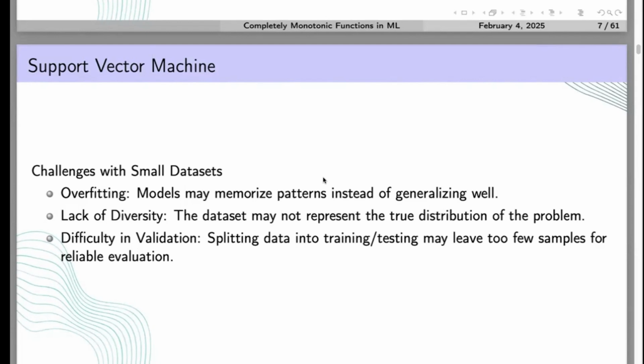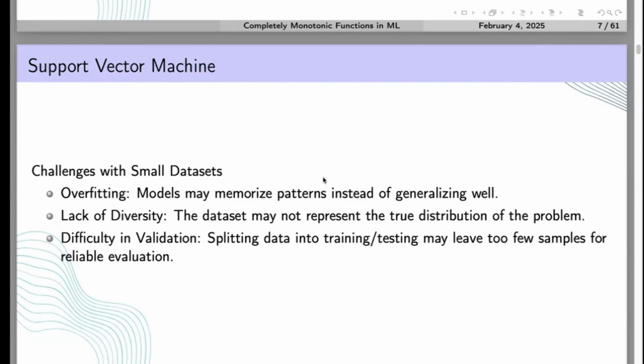Since small is a modest word, it can be seen as: is it important, or does it have real applications? And also, isn't it easy? Here in this slide, I wanted to answer these questions shortly. Small data sets also have some challenges, like overfitting: because you have a very small data set, models may memorize patterns instead of generalizing well.